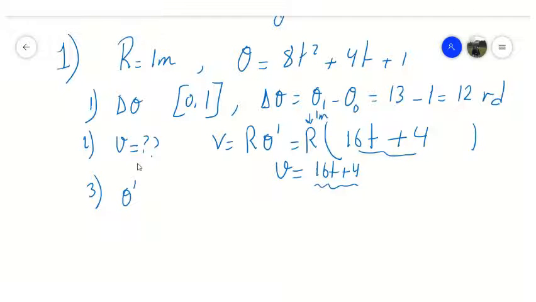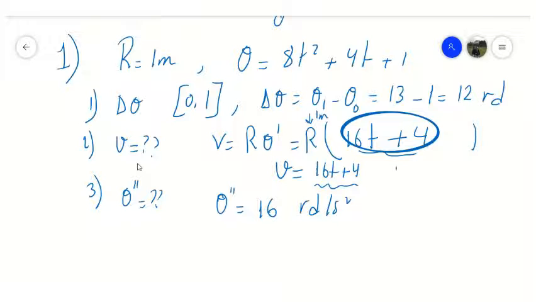So what about theta double prime or angular acceleration? It will be the derivative of theta prime, which is 16t plus 4, so it will be 16 radian per second squared. The unit is radian per second for theta prime, and of course meter per second for the speed. So it is 16 radian per second squared.